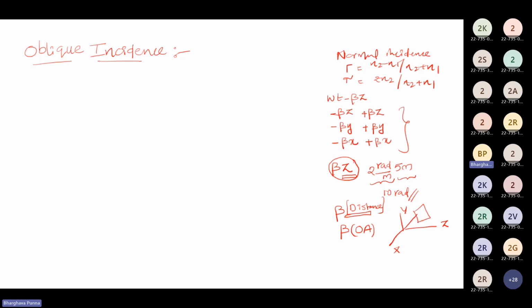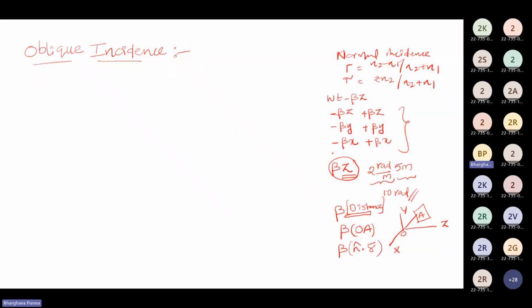This is the constant phase plane, and A is a point available on the constant phase plane. This is OA. OA is the distance. That's why I have written here beta OA. And that OA we have written in terms of the projections of all the points available on that particular plane. That is given by n cap dot r bar. So this is nothing but OA.